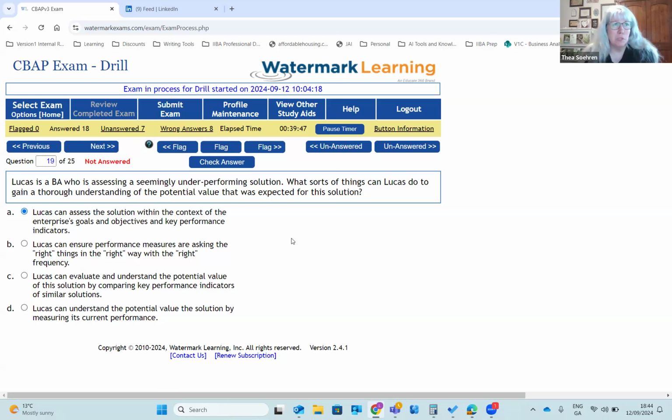So are we in the task measure solution performance? Yep. Or analyze performance measures? Oh yeah, analyze. Because if we're in measure solution performance, in that one, the elements are to define solution performance measures, validate performance measures, and collect performance measures.